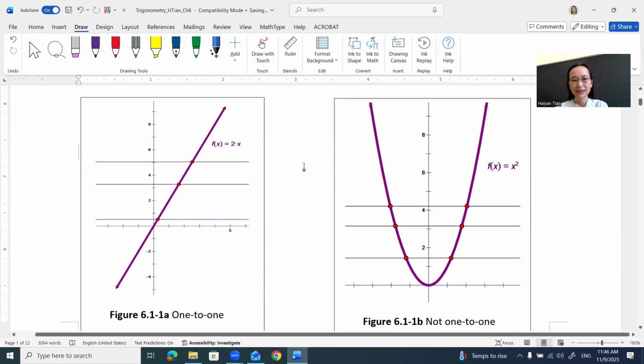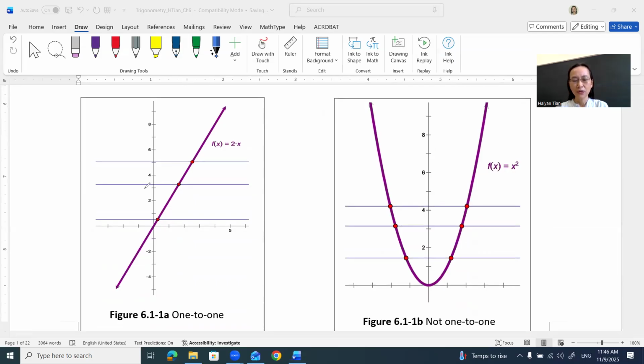The horizontal line test says that for any horizontal line, if there is at most one intersection with the plot of the function, then it satisfies the horizontal line test.